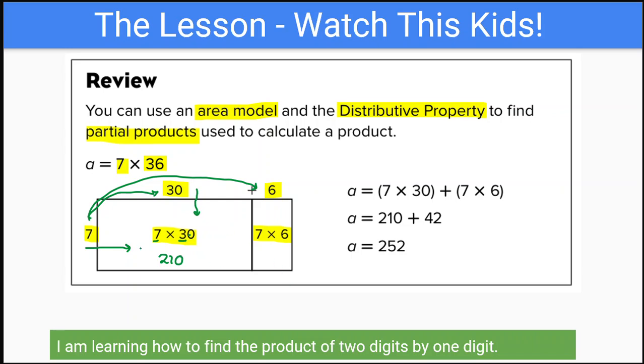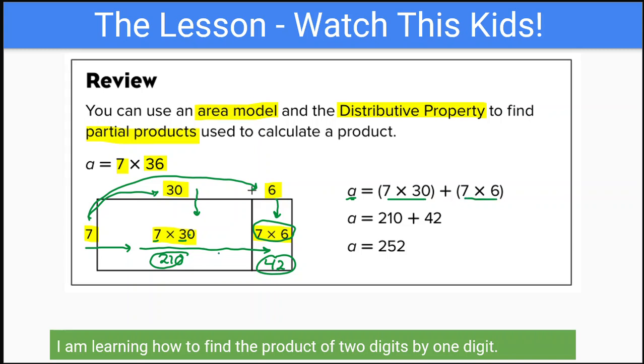All right, car 7 continues to go this way. Car 6 goes this way, and they're going to crash right here, right? 7 times 6, well, that's 42. Now we just have to add these together. 210 plus 42. Well, okay, come over here, and they did the same thing. They say A, that's just going to be your answer, equals 7 times 30 plus 7 times 6.